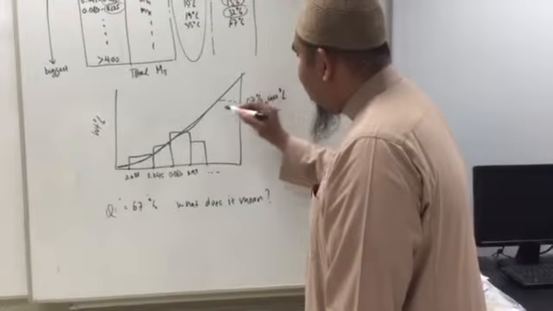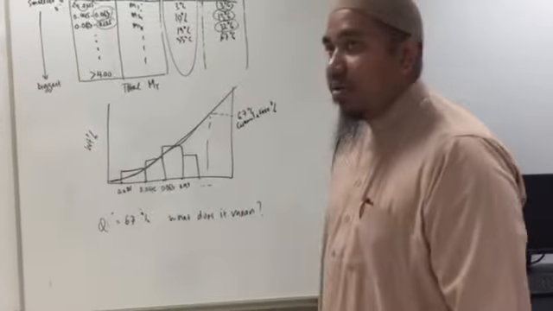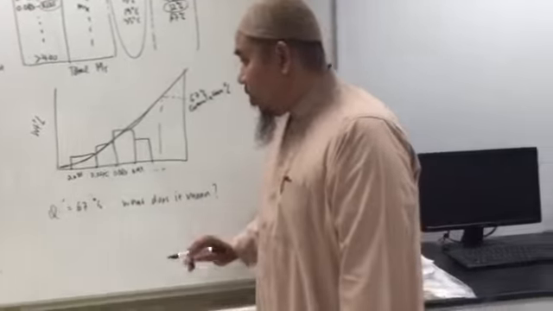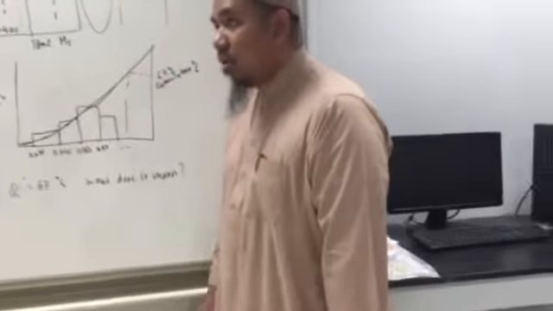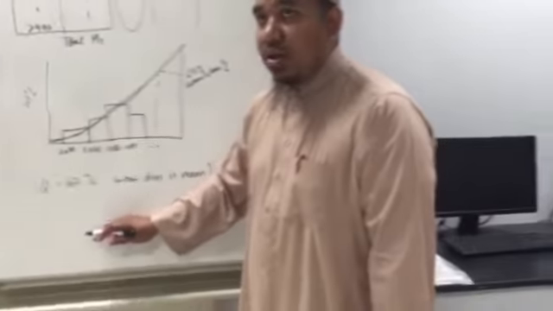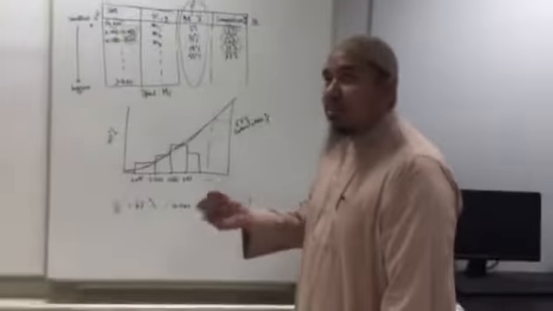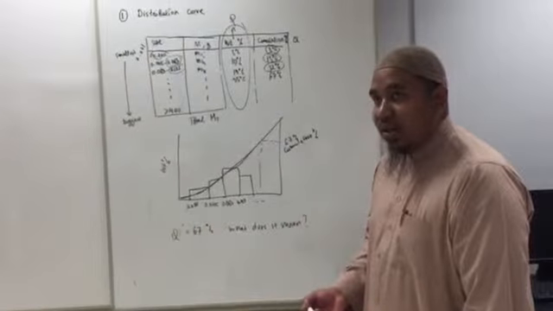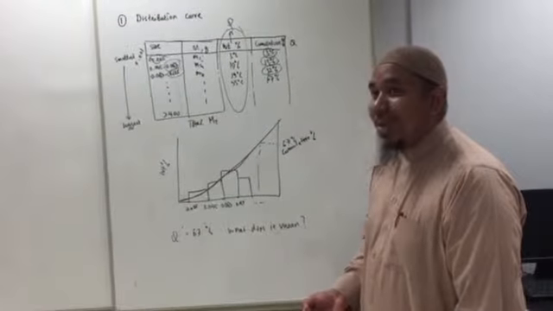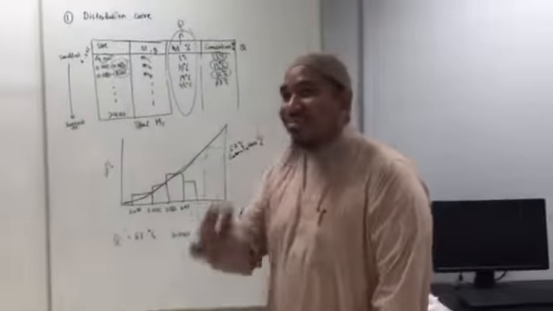What does it mean by this? Explain. Q 67%. At this percent, the size is... What's the meaning of how to read this? If you take this point, Q is equal to 67%, what's the meaning of that?